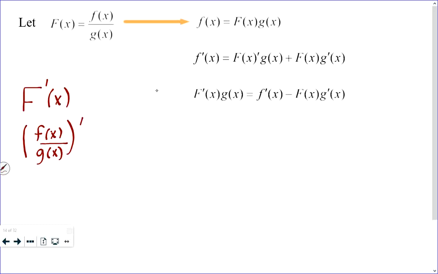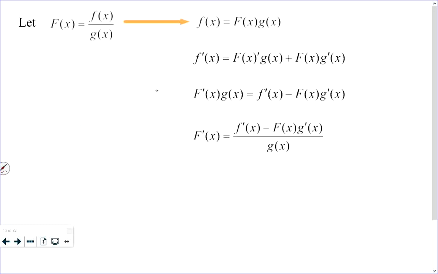But f over g is capital F. So I'm working towards rearranging for capital F prime of x. And all I've done is subtract capital F of x, g prime of x to the left-hand side, but then I've written it backwards. And I hope that's not a problem for anybody. So my next step would be to divide by g of x.